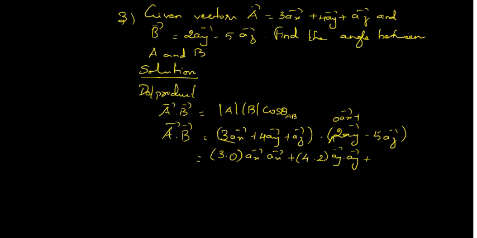So only the one value I have taken. Then az dot az is 1 into minus 5. Now you will get the value like this.